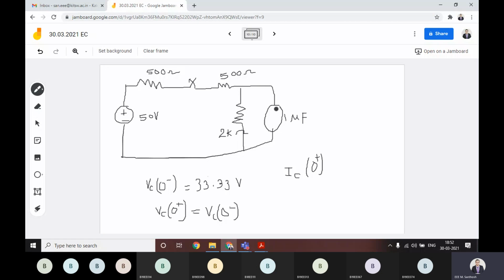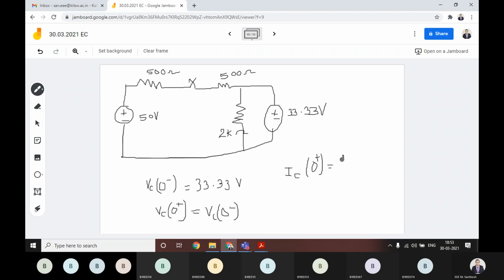In place of the capacitor, now you have a voltage source. The voltage source value is equal to 33.33.